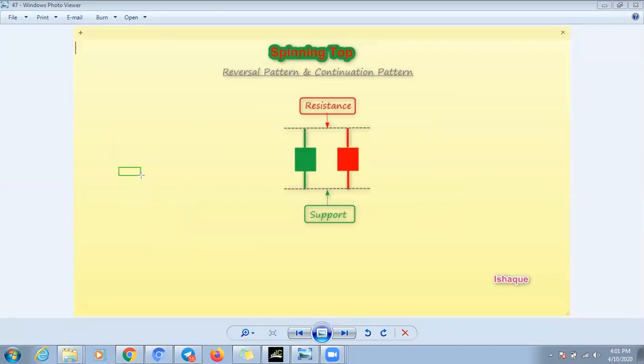If you find a body like that, in both these pictures we see these wicks are the same, and the wicks are greater than or equal to the body. If less than the body, it's not a spinning top.